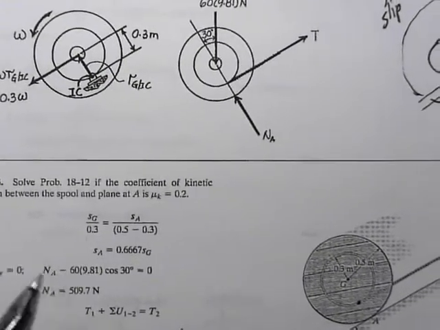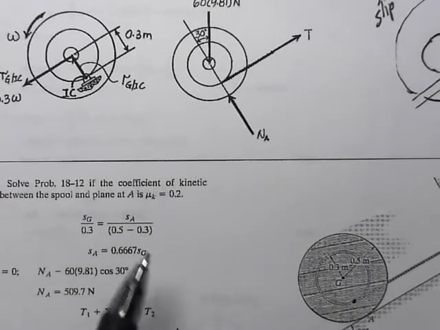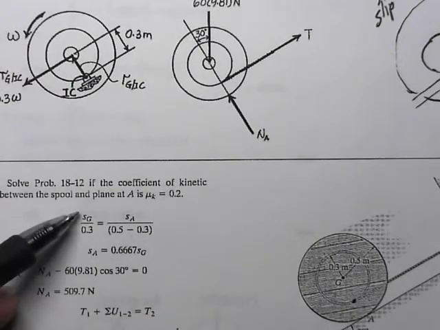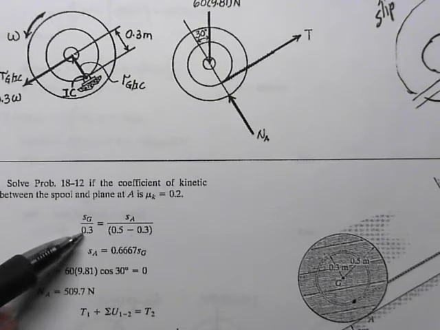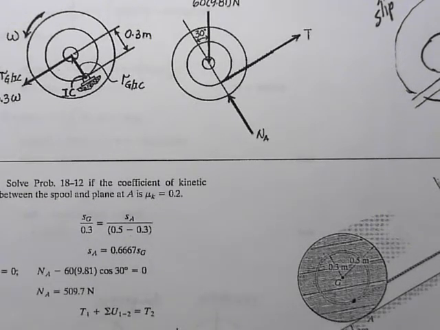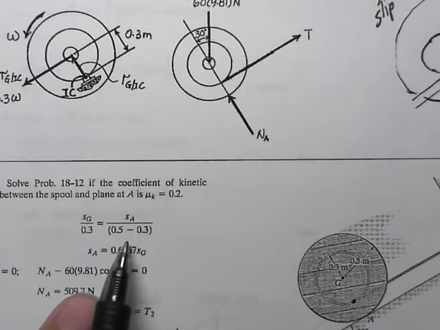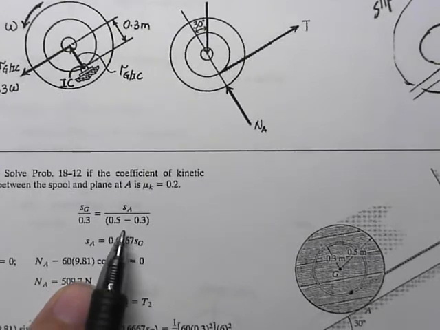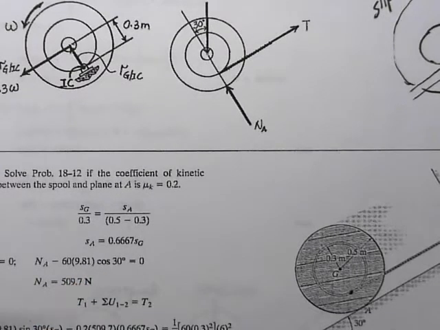working out the kinematics, SG, center of gravity, divided by 0.3 is equal to SA over 0.5 minus 0.3, and that 0.5 minus 0.3 is a 0.2. What are we saying here?